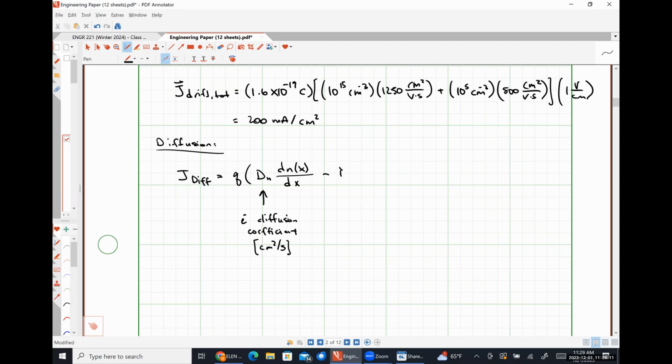Minus D sub p, which is our hole diffusion coefficient. Also measured in centimeters squared per second, times the derivative of our hole concentration as a function of position.